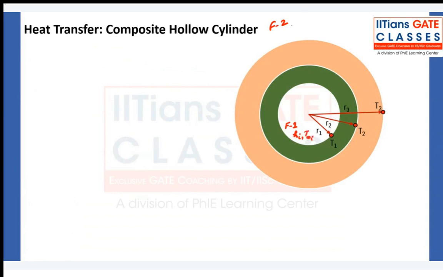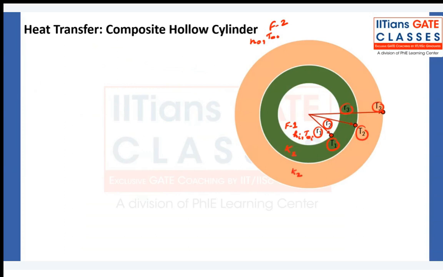Outside fluid is also there, the heat transfer coefficient is H naught, and the temperature is T infinity naught. At radius R1, temperature is T1. At radius R2, temperature is T2. At radius R3, temperature is T3. Now these bodies have some thermal conductivity as well because they are solid bodies. Let's say they have K1 and K2.